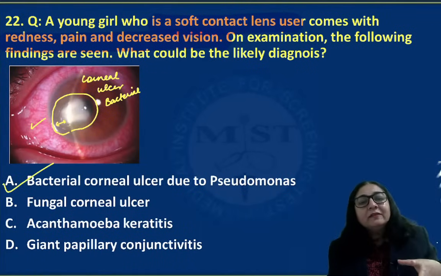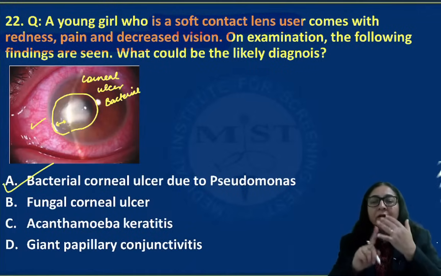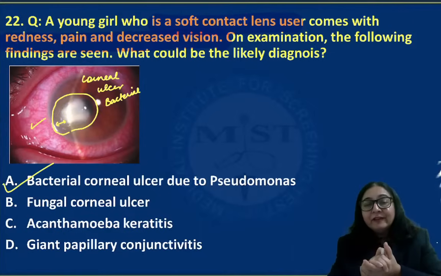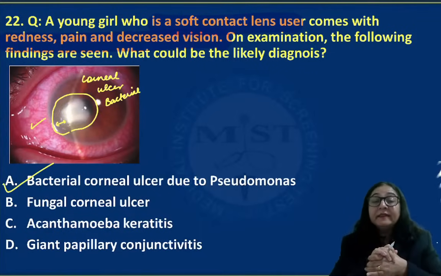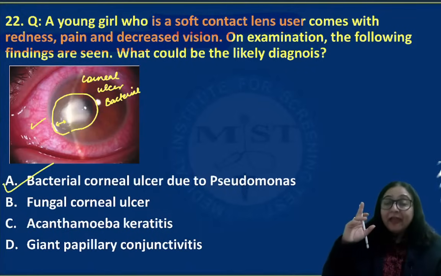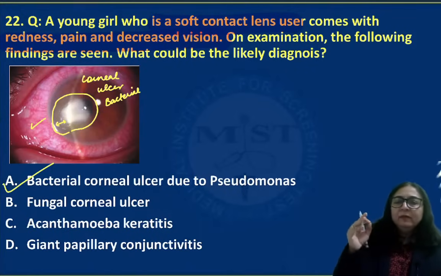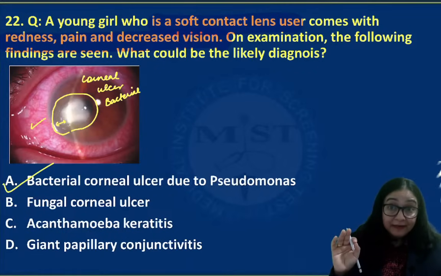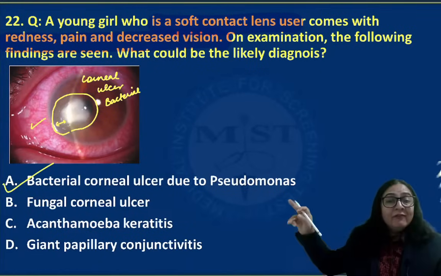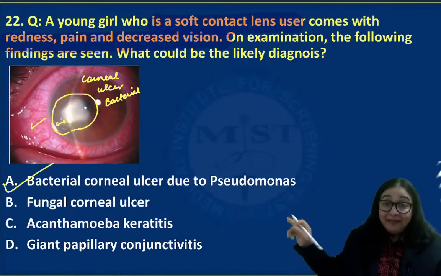Now, why is it not a fungal corneal ulcer? Because fungal ulcer, you know the typical appearance: dry raised infiltrate, satellite lesions, ill-defined margins, big hypopyon, and contact lens use is not a risk factor for fungal ulcer. It is trauma, vegetative trauma. Okay. Why is it not acanthamoeba keratitis?